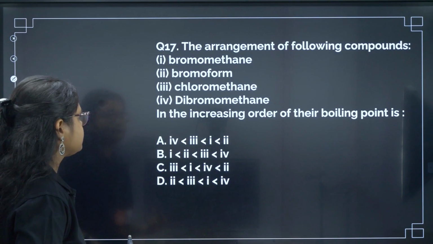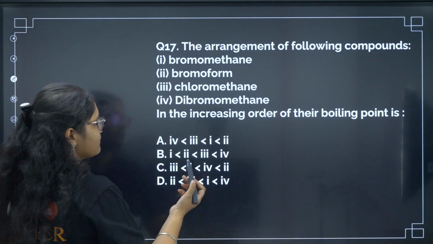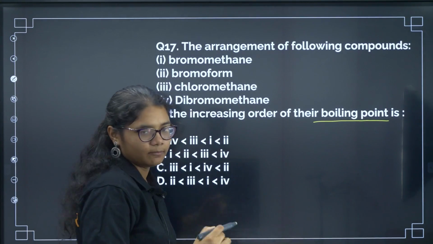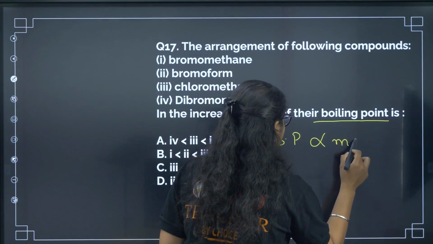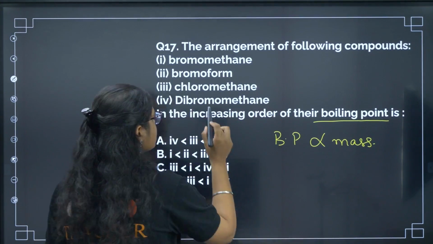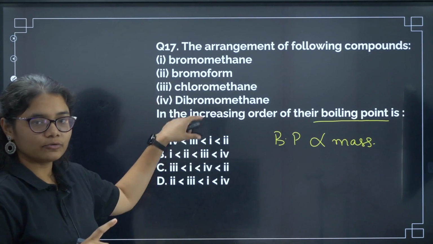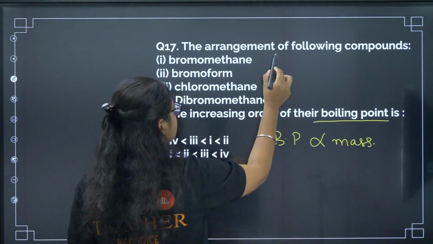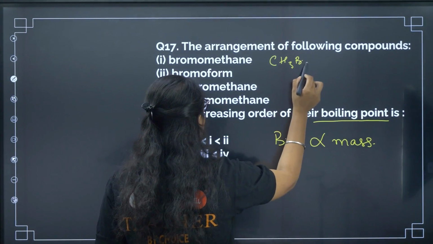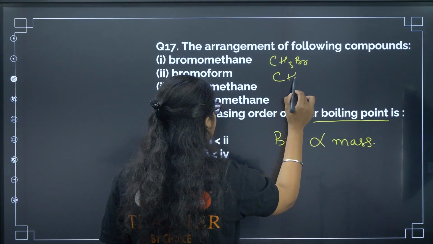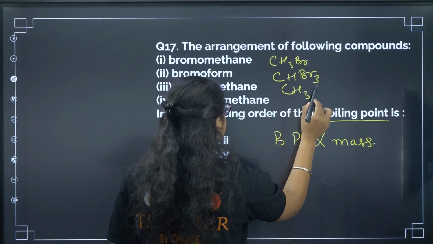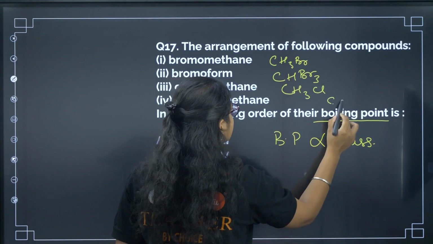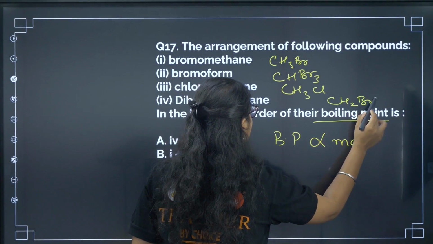Next. The arrangement of the following compounds in the increasing order of their boiling point. So boiling point, please remember, is directly proportional to mass, right? So first of all, you should know the formulas of these compounds. Bromomethane is CH3Br, bromoform is CHBr3, chloromethane is CH3Cl, dibromomethane is CH2Br2, right?